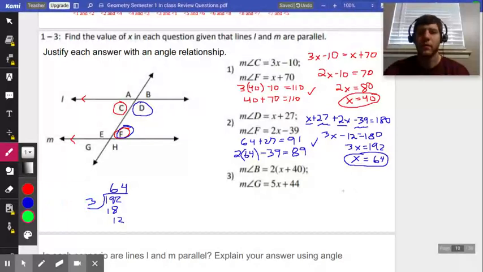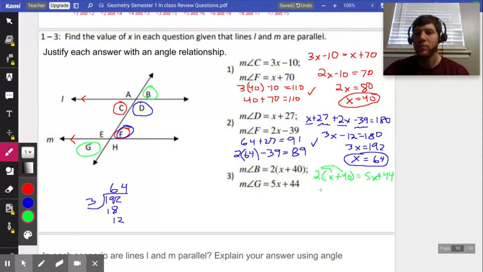All right. The next one here, B and G. Those are alternate exterior angles. And since the lines are parallel, your alternate exterior angles are congruent. So we're going to set these two equal to each other. So 2 times the quantity x plus 40 equals 5x plus 44. Distribute the 2.